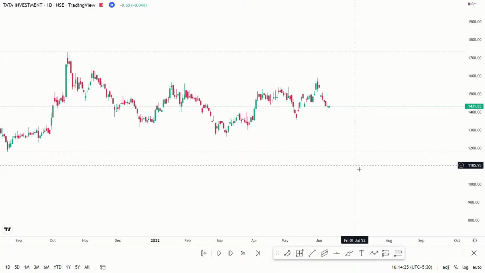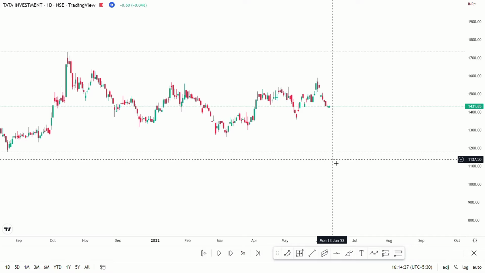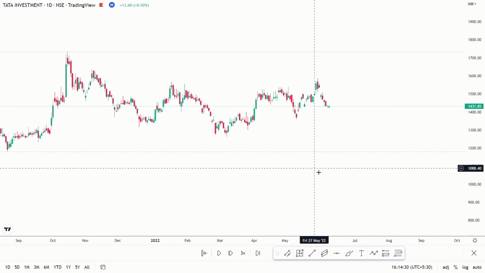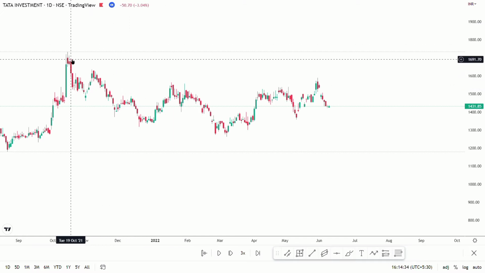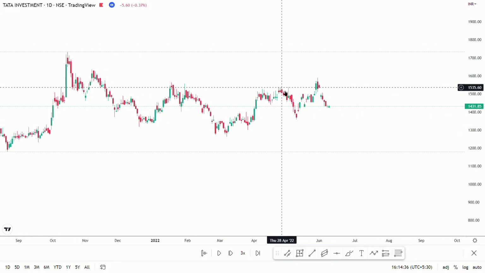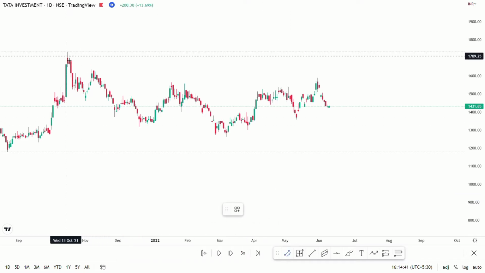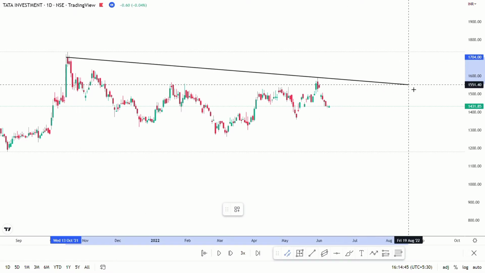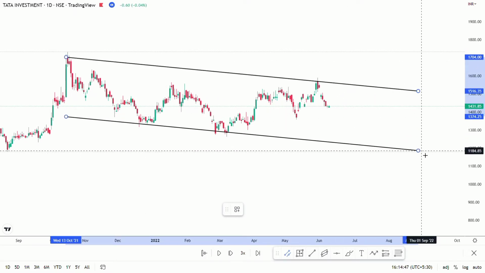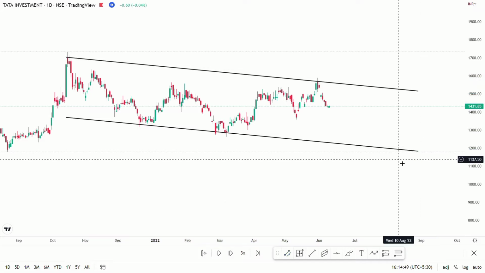So now we are applying this swing trading strategy in a practical way. We are taking the example of Tata Investment. In this stock a down channel pattern has formed, as we are drawing it here. As I told you, from the first point to the last point and then this way.